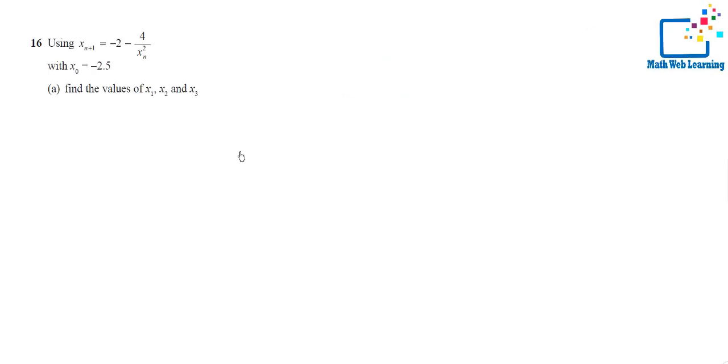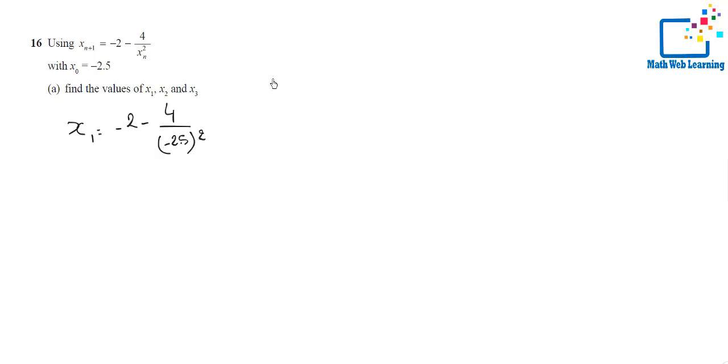Question 16 is a question on iteration. We have the initial value negative 2.5. In order to work out x1, we need to do minus 2 minus 4 over minus 2.5 squared in our calculator.